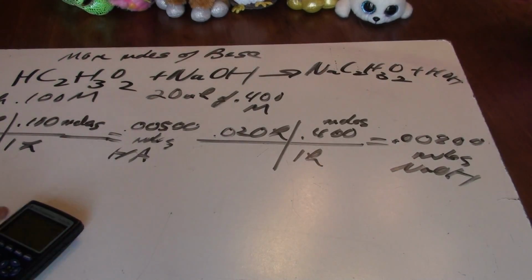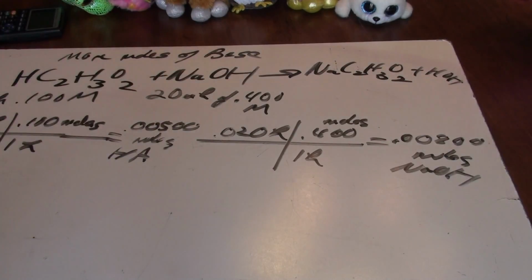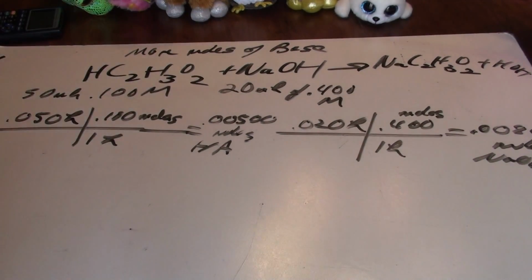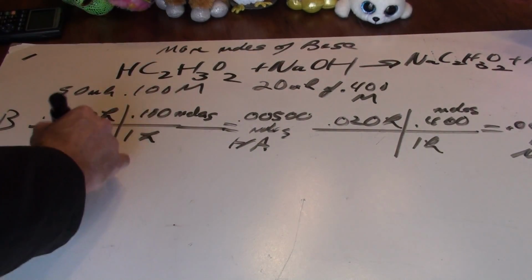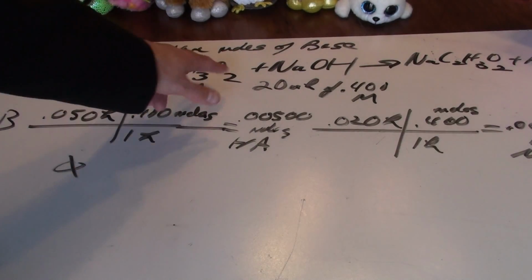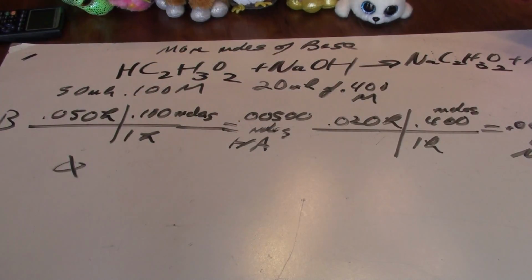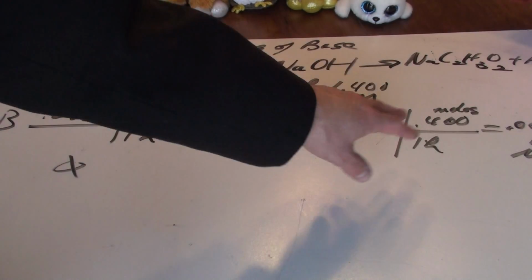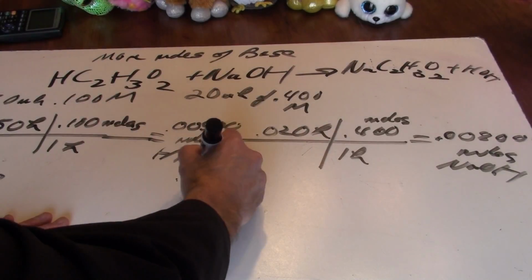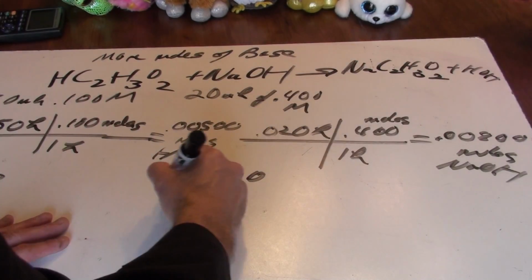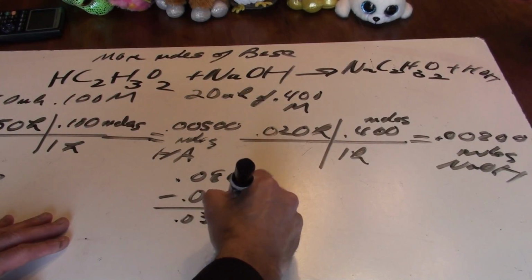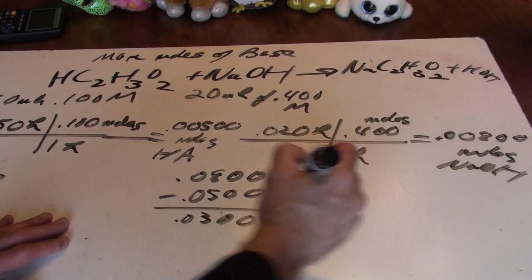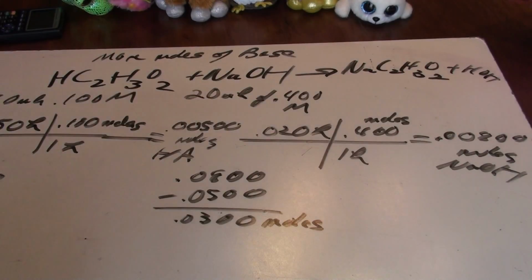Okay. So when you have acid and base, they will react with each other to neutralize. After the reaction, there will be no acetic acid. It will all have reacted with the sodium hydroxide. We will, however, have leftover sodium hydroxide, that many moles left over.